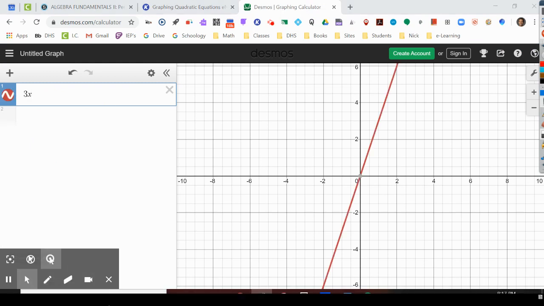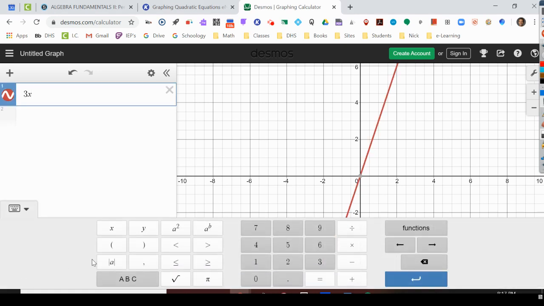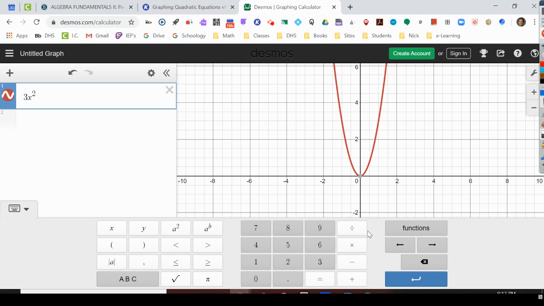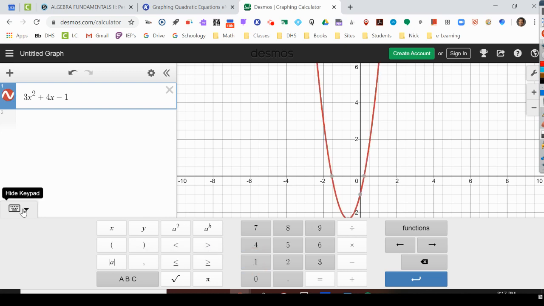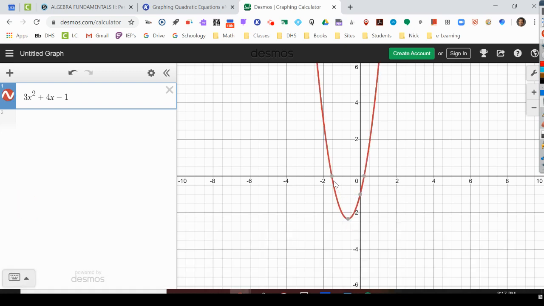We may have to come down here and get that keyboard. Here it is, 3x squared plus 4x, minus 1. We can use a keypad here, or we can use a keyboard on our computer to type some of this in. And here's my graph.